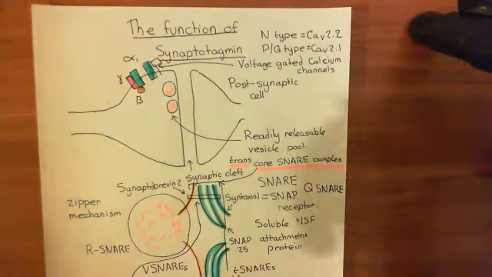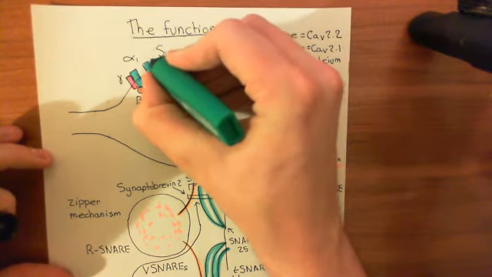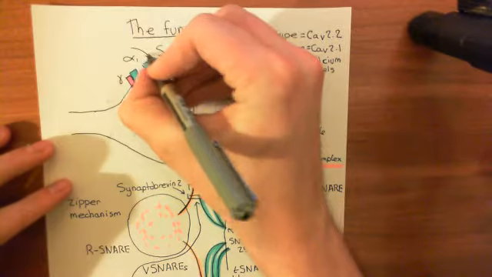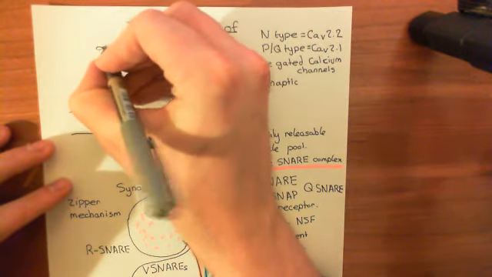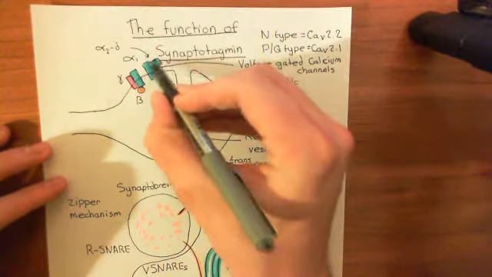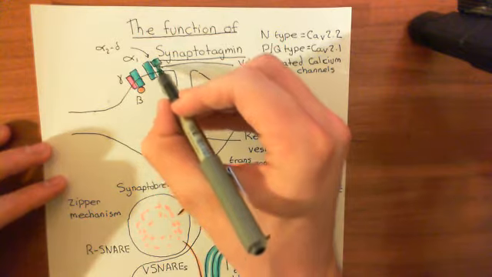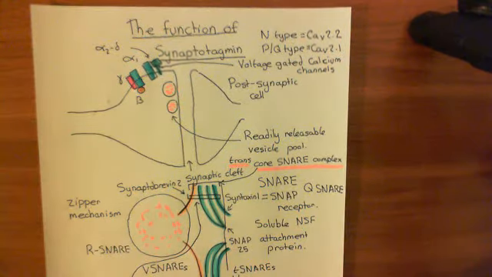This subunit over here, which I'll colour in turquoise, is the alpha-2 delta subunit. The reason it's called alpha-2 delta is it consists of two subunits, in fact. The alpha-2 is the box at the top, and the delta is the stick, which basically is suspended in the membrane there. Okay, right, so that's the overall structure of a voltage-gated calcium channel.